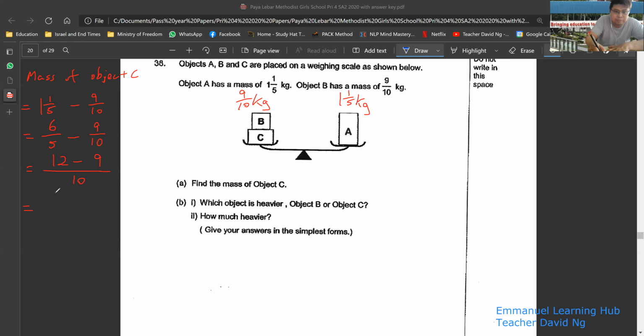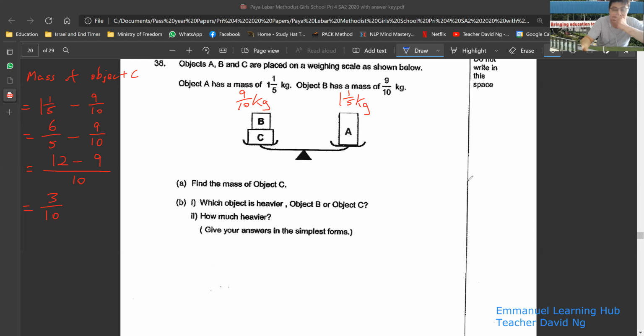And what's the answer? 12 minus 9 is 3. 3/10. Very good. So what's the mass of object C?